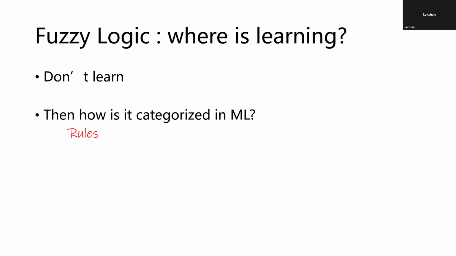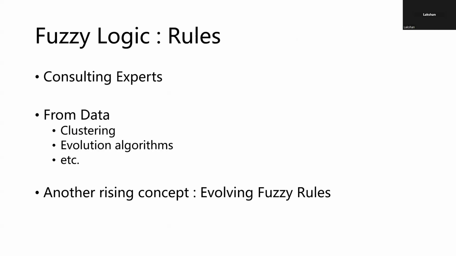Then when it comes to machine learning, the machine should learn something. Here, the machine doesn't exactly learn anything during the training process, but we categorize it as machine learning because we use rules for that. So how do we get these rules?